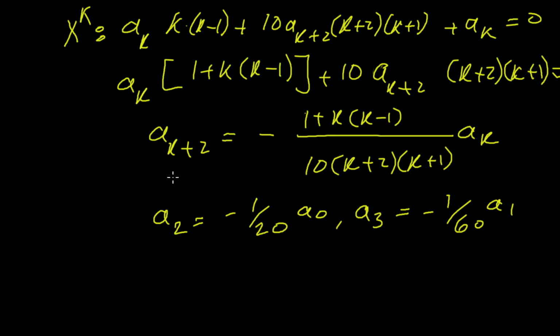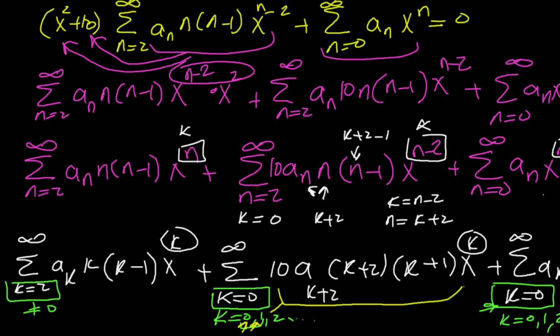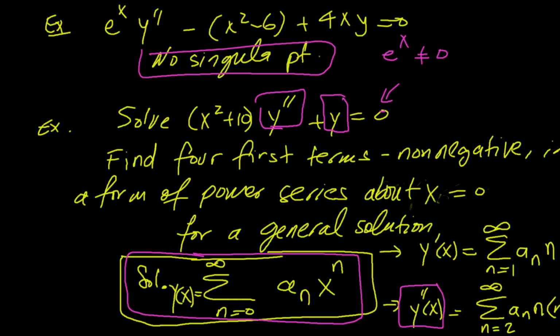Alright, so we have an idea now about the solution. So the general solution, that y of x, it's going to be, now you're going to say where this comes from. Let's go back. Here, you see it.